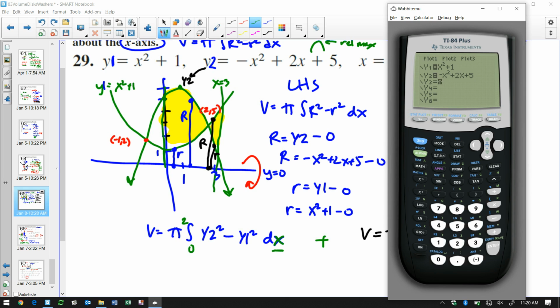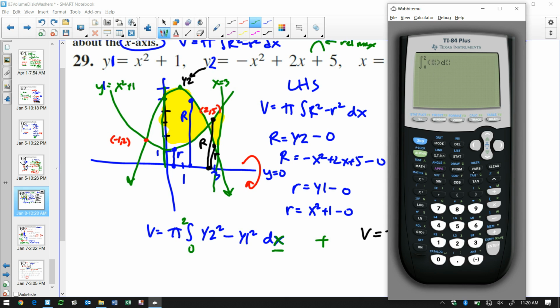Let's see how to do it. Let's go to the home screen, which is second quit. I'm going to set this up as a math 9, and I'm going to go from 0 to 2. I do have a pi here that I'll take care of later, but that is 0 to 2. In here, this is just y2 squared minus y1 squared.